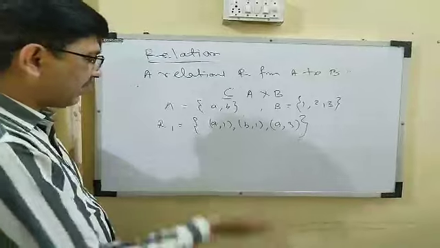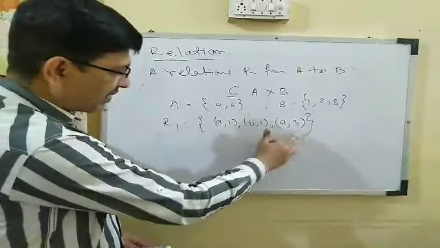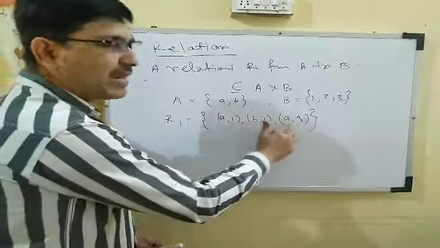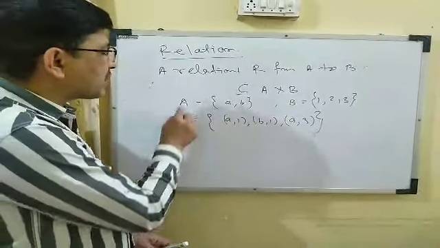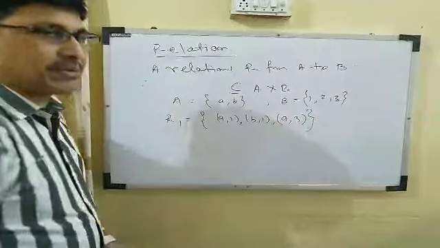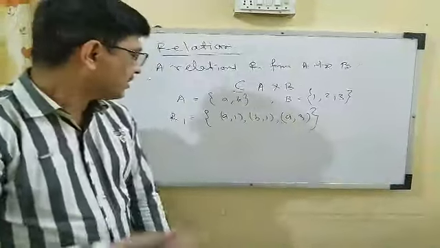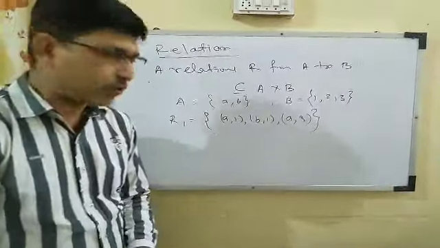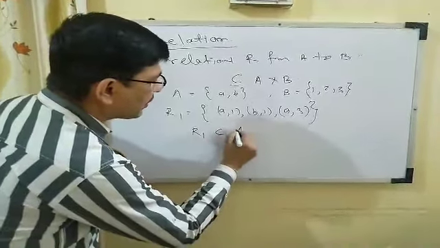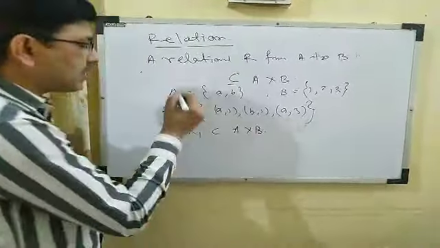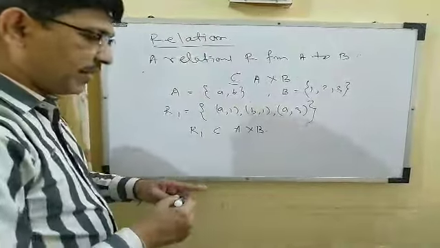We have to verify whether R1, which contains three elements, is a subset of A cross B or not. If R1 is a subset of A cross B, then it is a relation from A to B. Otherwise, R1 is not a relation from A to B. So here it is clear that R1 is a subset of A cross B. Therefore, R1 is a relation from A to B.